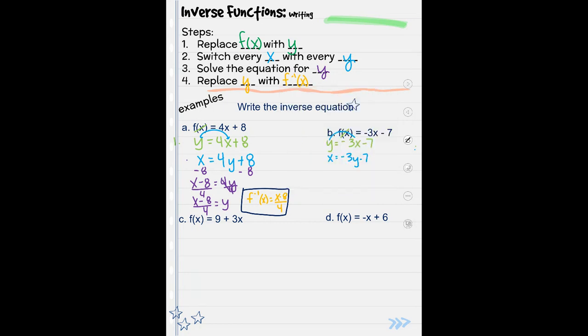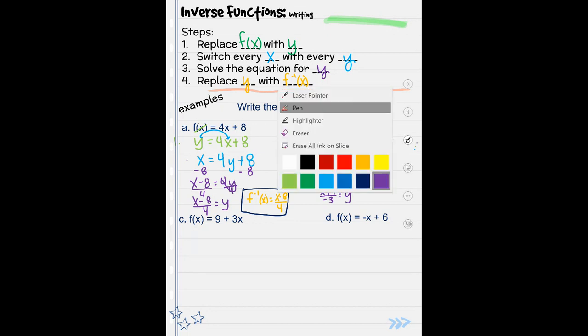So right now we're subtracting 7, so I'm going to add 7 to both sides. So we've got x plus 7 equals negative 3y. Right now we've got a negative 3 multiplied by y. Opposite is dividing, so divide out the negative 3. x plus 7 divided by negative 3 equals y.